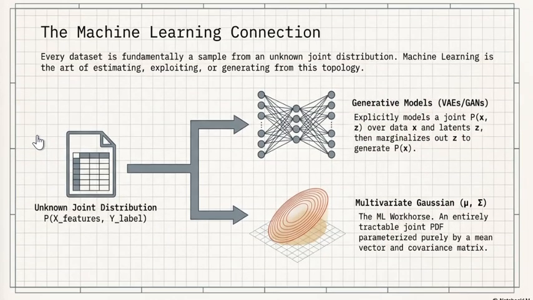Now, why are we studying this? What is the machine learning connection? Every dataset is a sample from an unknown joint distribution, the joint over all features and the label. Machine learning is essentially estimating or exploiting the joint distribution. Second, generative models like GANs and diffusion explicitly model a joint distribution over data x and latent z, then marginalize out z to get the probability of x.